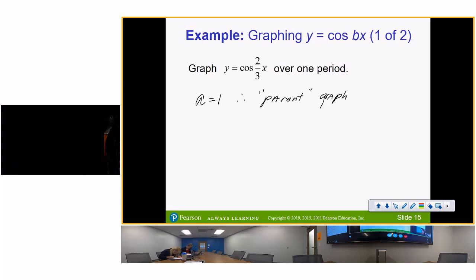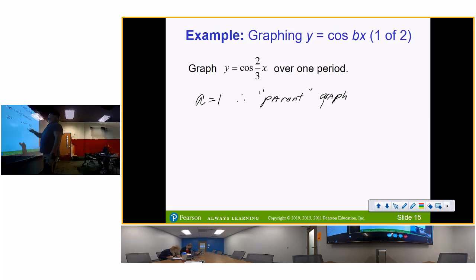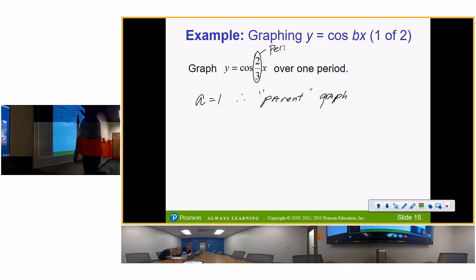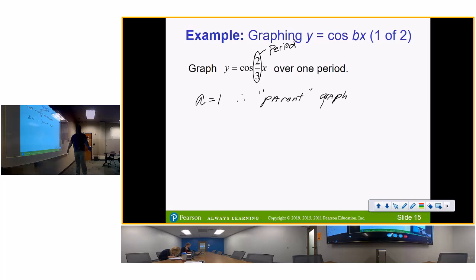Okay? Now, the 2/3 tells you you've got a period that you need to find out. If that's a 1, then it's 2 pi over 1, which is 2 pi. That's the standard period.